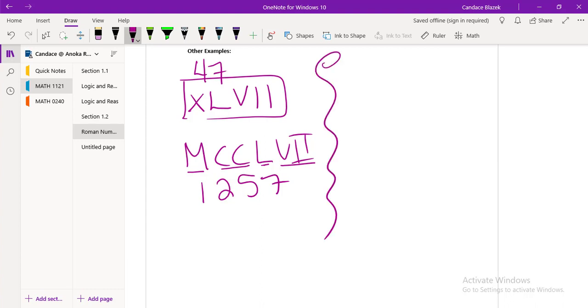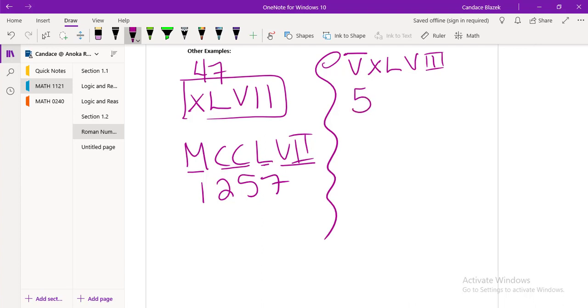Let's practice writing some other values. Take your time. Let's do V with the bar over it, X before L, V, I, I, I. All right, so the V means 5, but with the bar over it means 5,000.